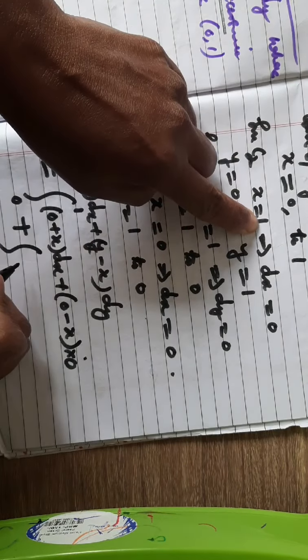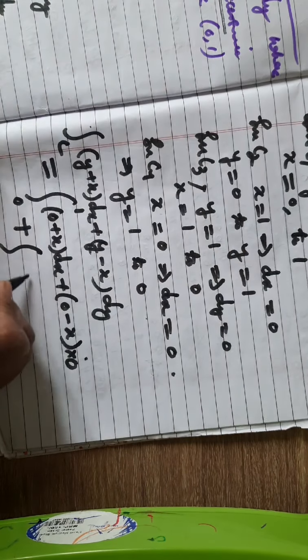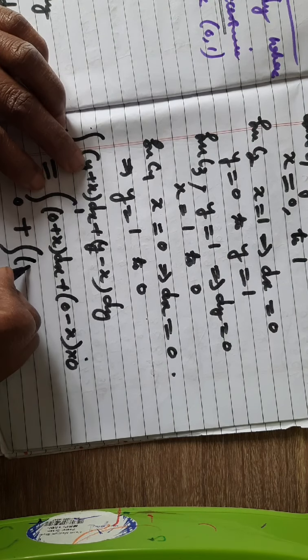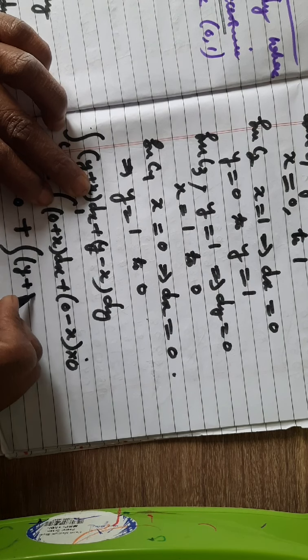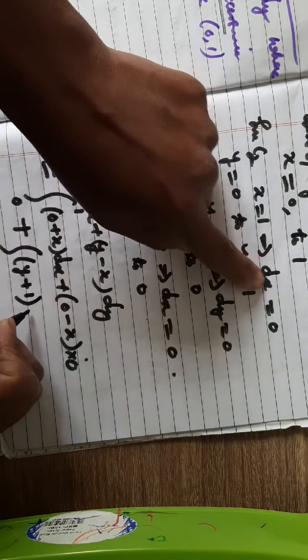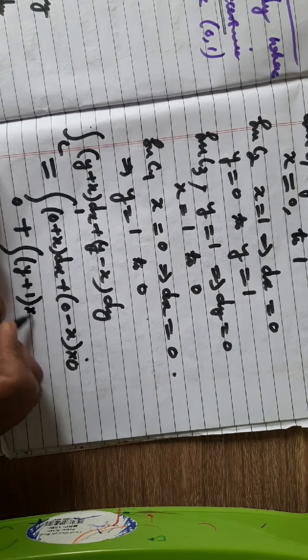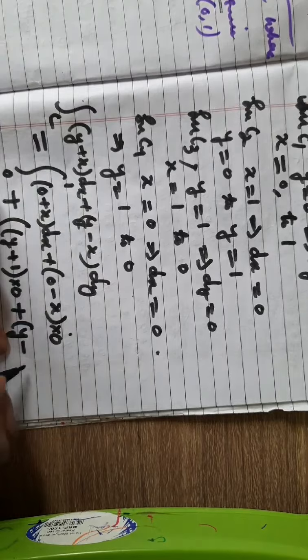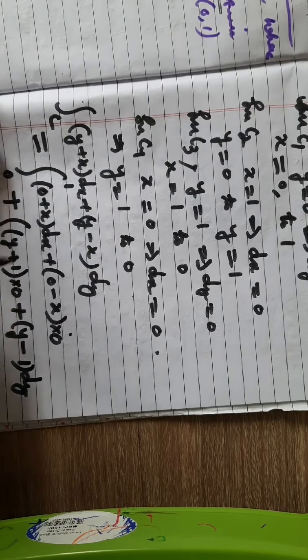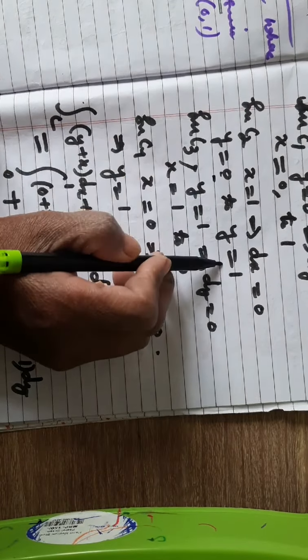Along C2, x is equal to 1 and dx is equal to 0. So y remains as y, x is replaced by 1, dx is equal to 0, plus (y - 1) dy, and y varies from 0 to 1.